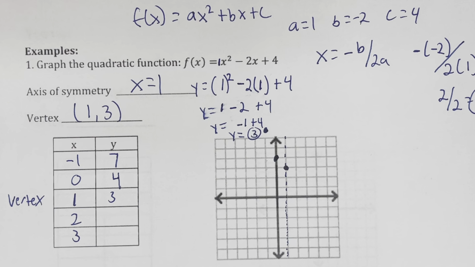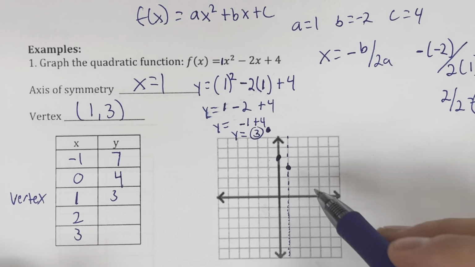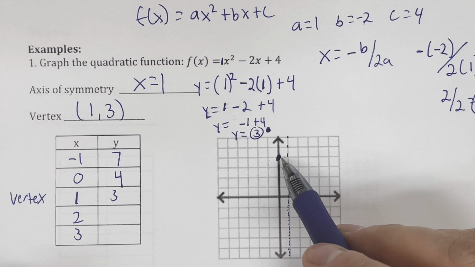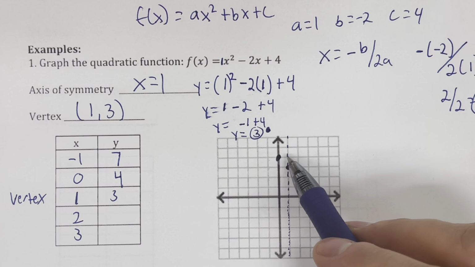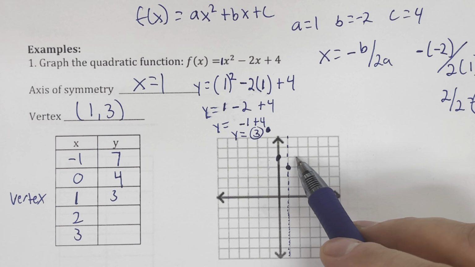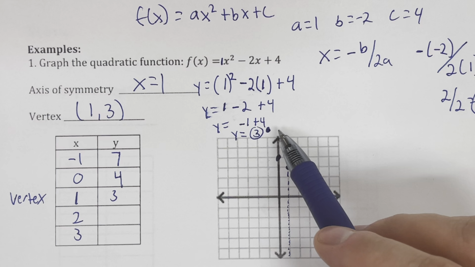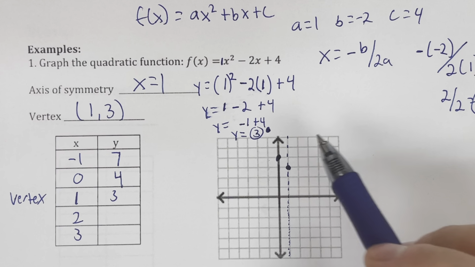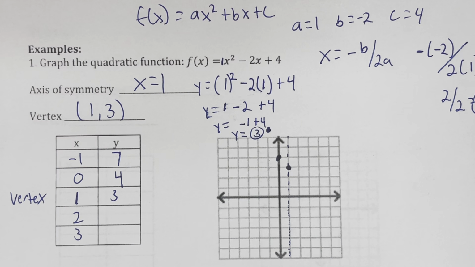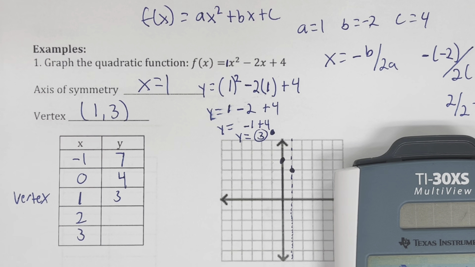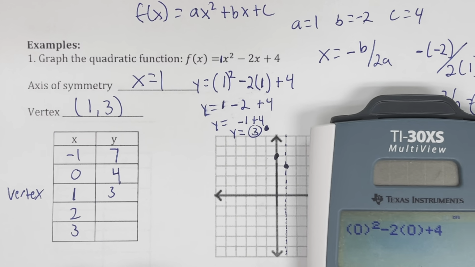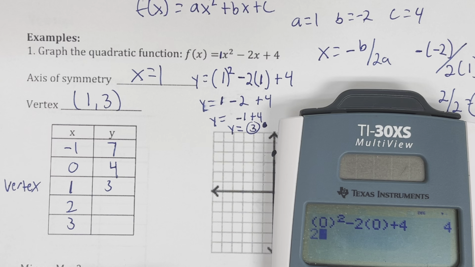Now, we're going to plug this in for this one, but we will notice that this should be symmetrical. So this point is 1 away from the axis of symmetry. It should end up right here. This one's 2 away. It should end up right here. We'll see how it turns out. So plugging in 2 now. When I put in 2, I get what we can see there. 2 parentheses squared.